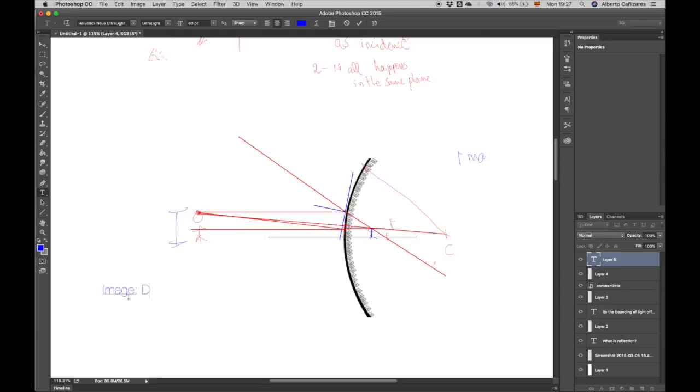Okay, actually, let's do better. What are the options? The image can be diminished or magnified. It could be real or virtual. And it could be upright or inverted.